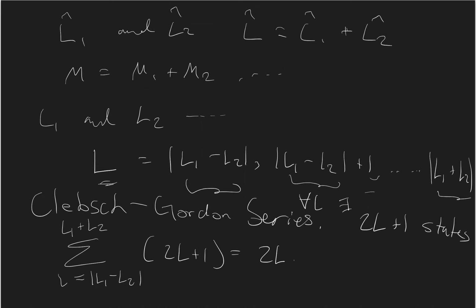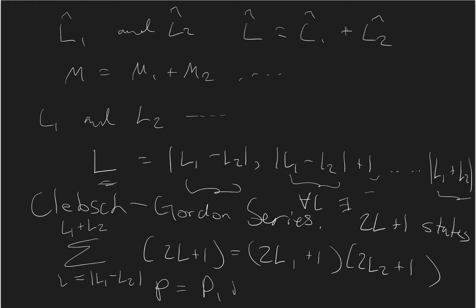If we were to simplify this out, we would have 2L1 plus 1 times 2L2 plus 1. Hopefully you see how I got that. And so the parity of the combined system would be the product of the parities of the parts.